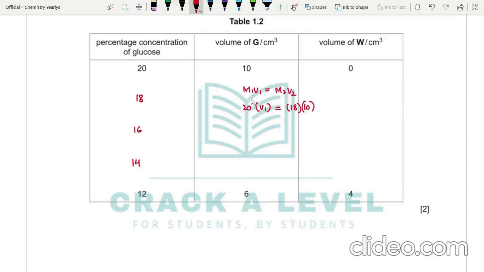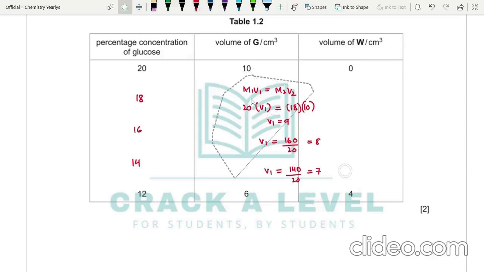So it will become 180 divided by 20, and v1 is equal to 9. For the others, v1 is equal to 160 divided by 20, which is equal to 8, and then for the others v1 is equal to 140 divided by 20, so it will become 7 cm cube.